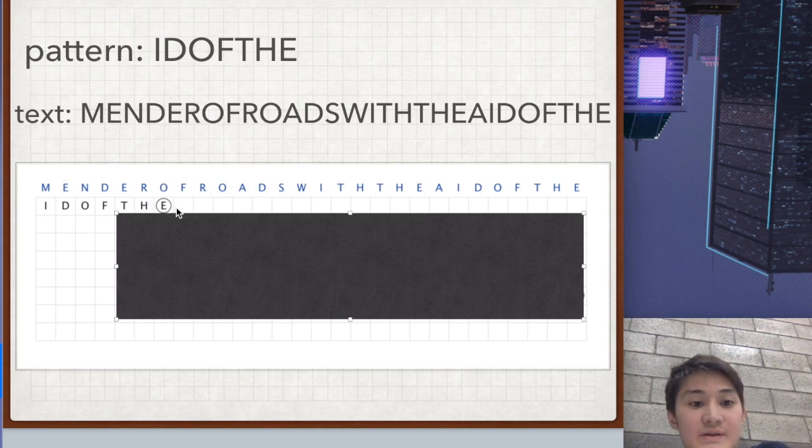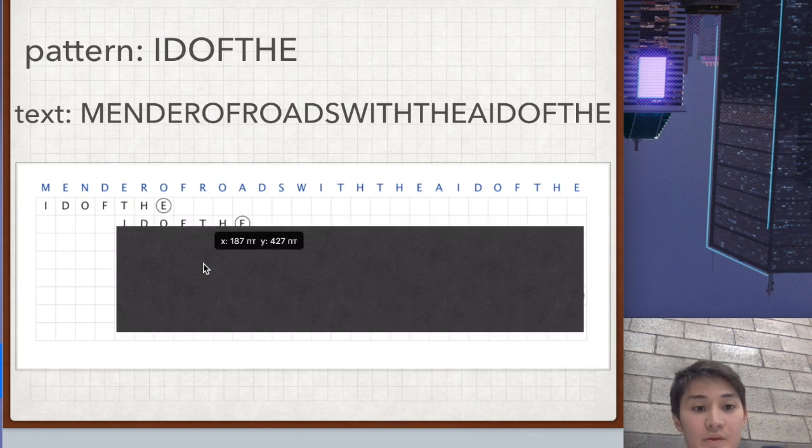So first we compare these two characters, E and O. It isn't equal, but we have O in our pattern, so we shift until both O's match.